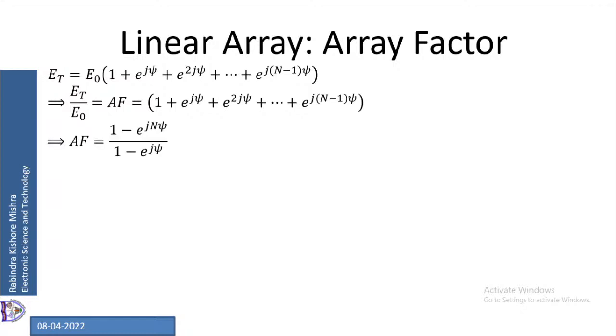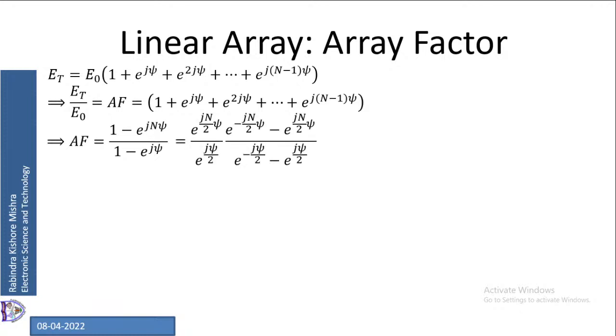So from that you can say what is the array factor, Et by E0. Et by E0 is equal to the array factor. Array factor is equal to 1 plus e to the power j psi plus e to the power 2 j psi up to e to the power j n minus 1 psi.